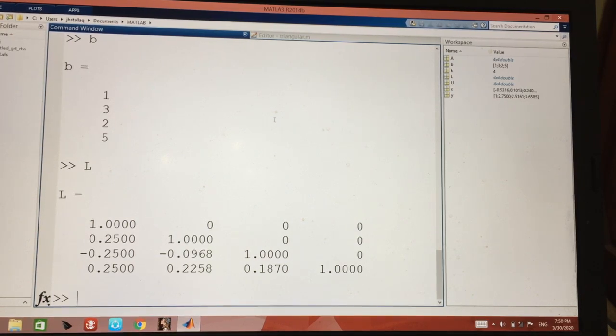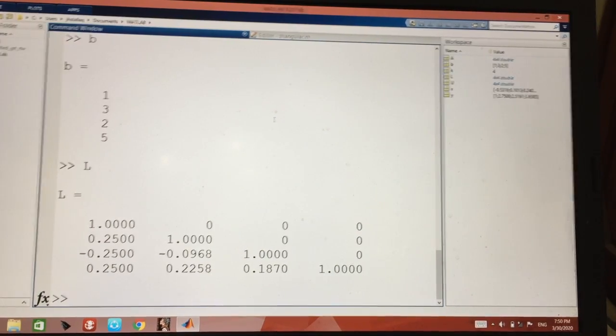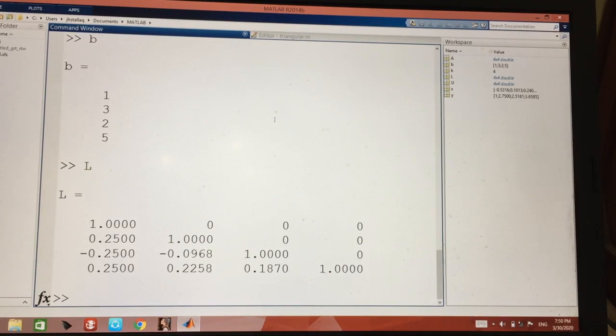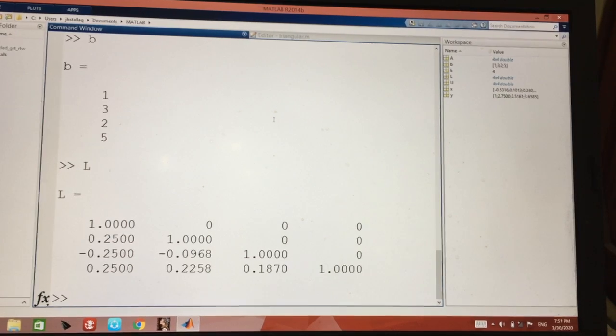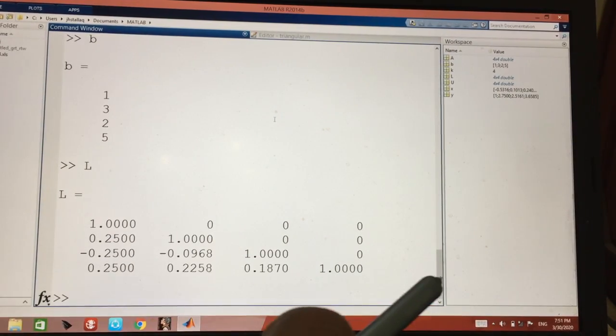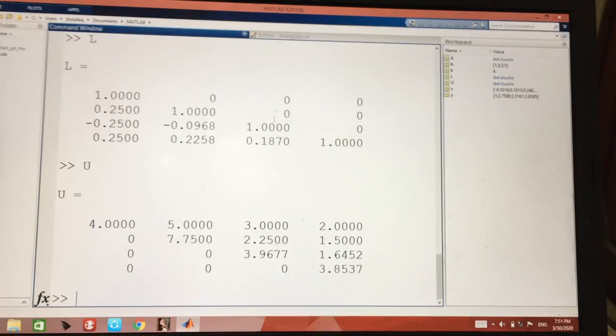So to demonstrate this, just separate them, you'll get that, okay? So this is basically L, the L matrix. And you obtain U, the upper triangular matrix, let me find U from MATLAB. This is U, okay?